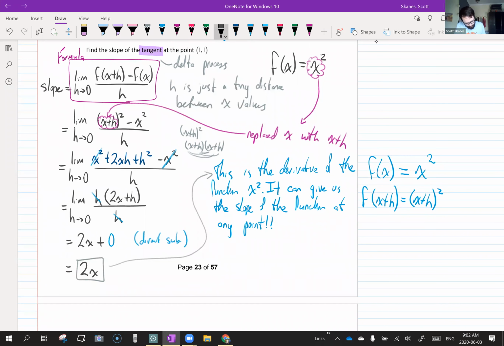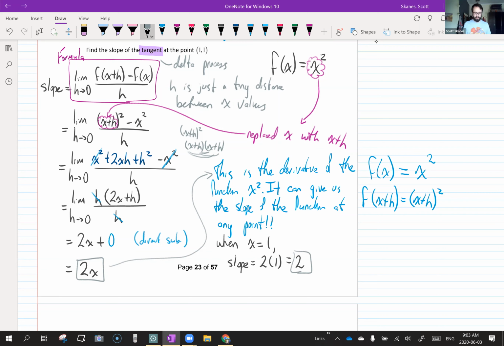So for example, when x equals, no, the slope's not 1. When x equals 1, the slope is 2 times 1, which is 2. And that is much easier than doing it. I know there's some steps involved, but the idea is, what's the slope at the point 1?